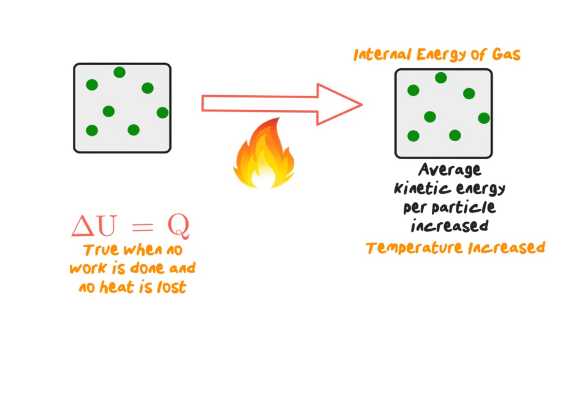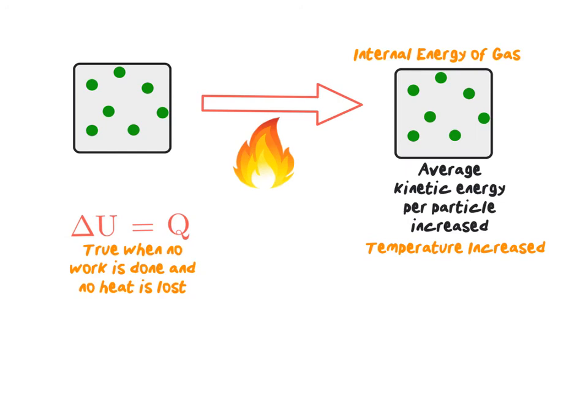Now, you might think that, okay, if I know the average speed of just one particle, if I multiplied that by however many particles I have in the gas, I should know the total energy or internal energy of the gas. And that is in fact correct.